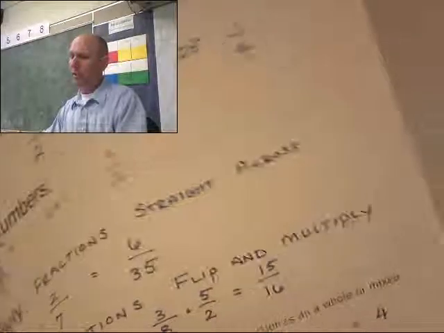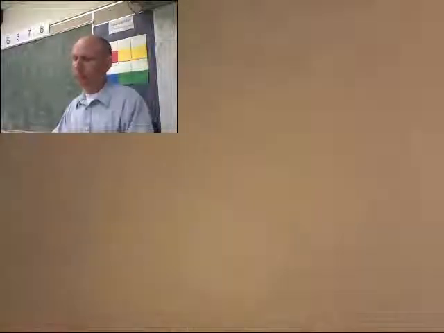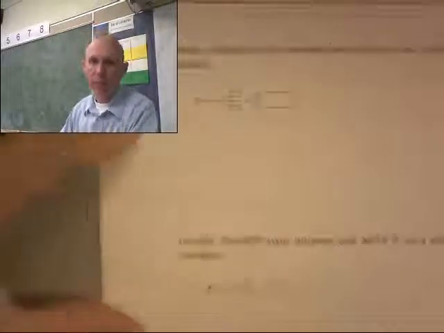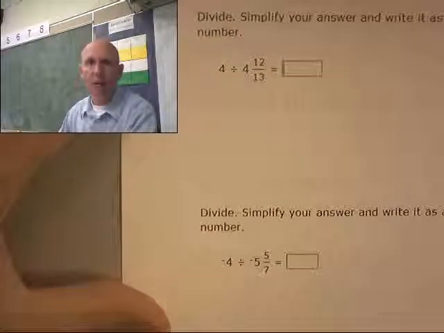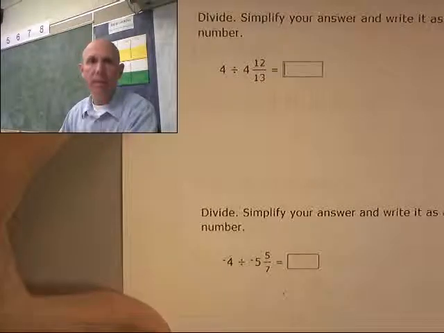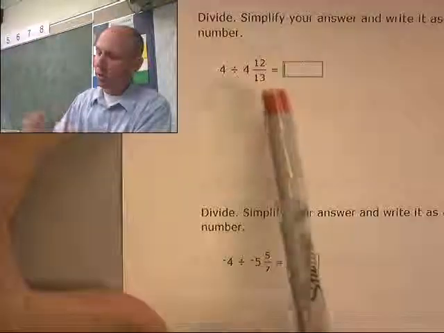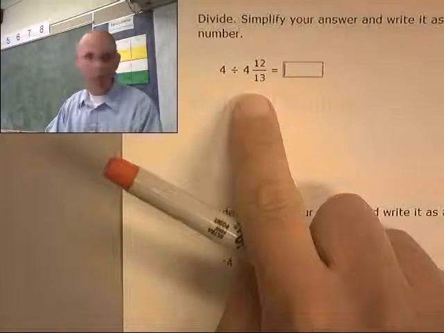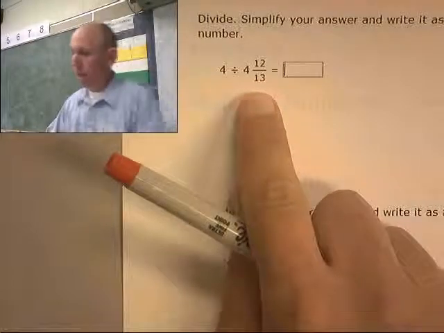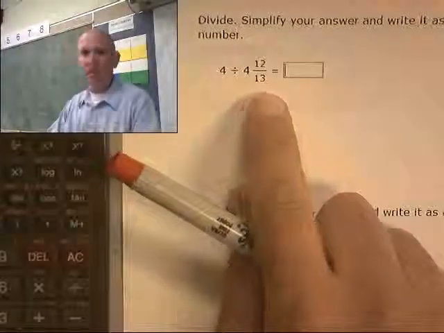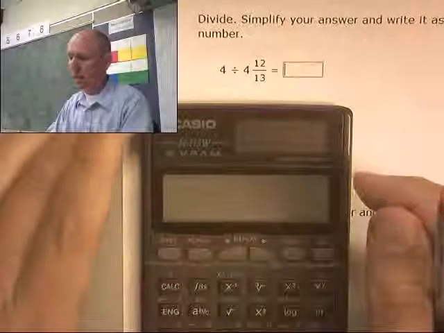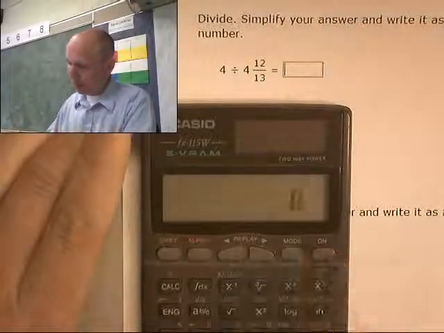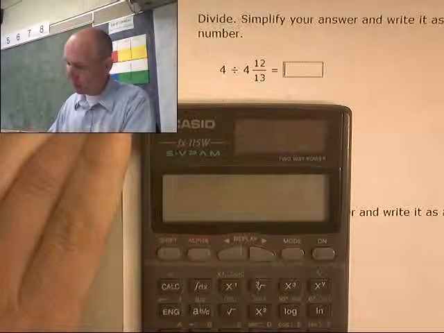Let's go on to some other ones. Four divided by 4 and 12/13. Well, first thing I'm going to do is convert both of these into fractions, and I'll make this guy into an improper fraction. So I need to go 4 times 13 plus 12.